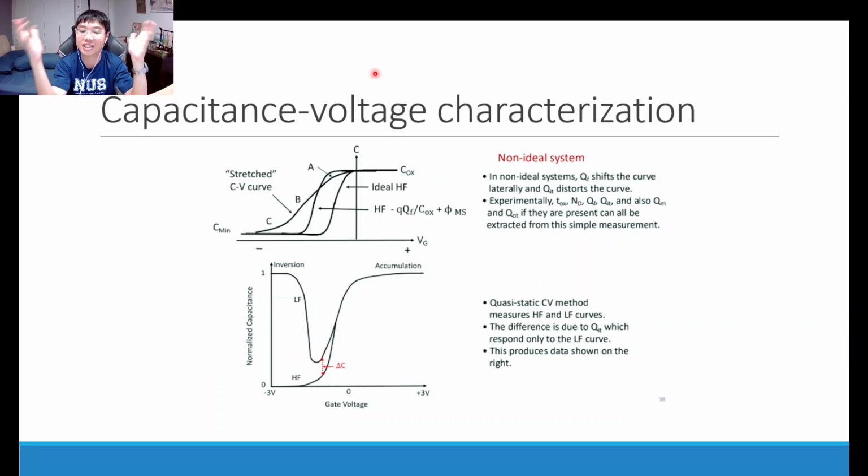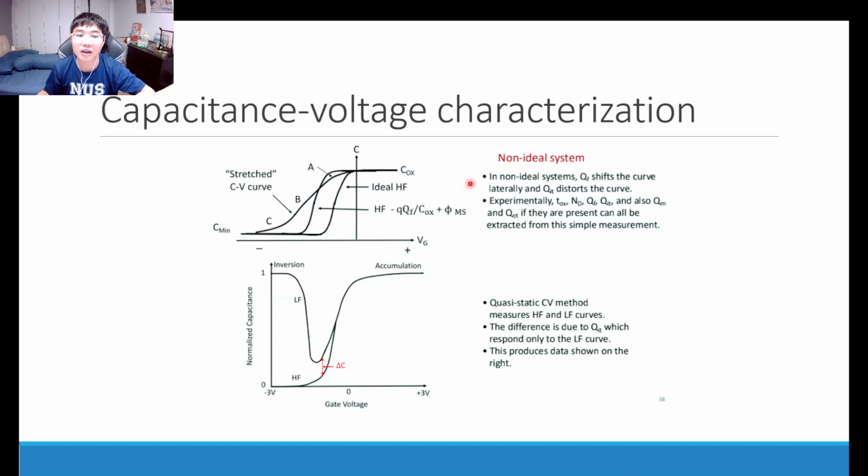And so we require a larger gate voltage to reach the threshold voltage, or you can think of it as a leftward or rightward shift, depending on whether it's a p-type or n-type substrate, but basically an increase in the absolute value of your threshold voltage. So that is how fixed charges will affect the CV curve.